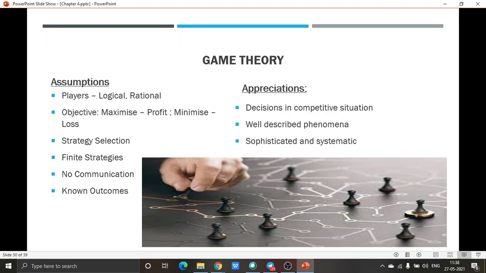Similarly, where the marketing executives of two firms are competing for the share of the market for a product, they are involved in a two-person zero-sum game.